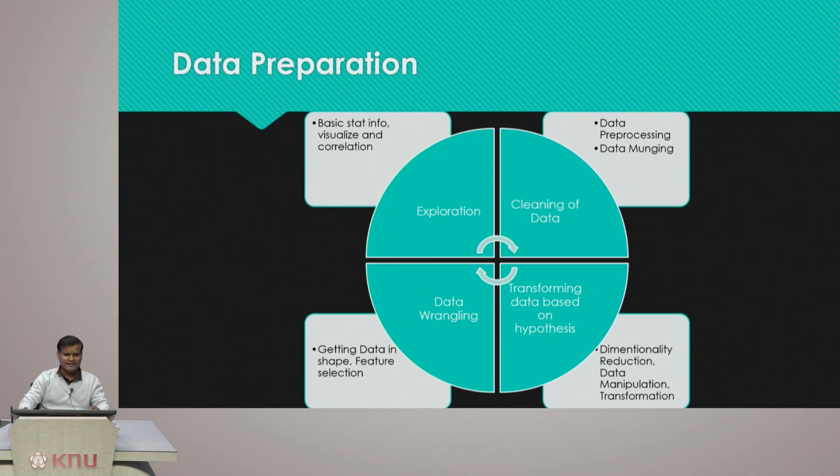Then comes the data cleaning process. Data that we get from this world is kind of messy or fuzzy, and we have to clean these data. For example, the data have some noise in it, and some unwanted information. We have to do certain processes, maybe just filtering or data aggregation.